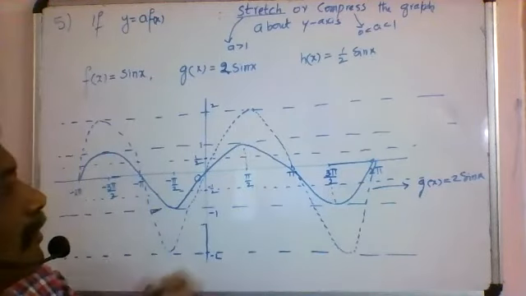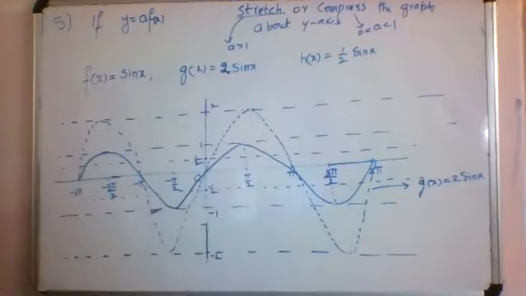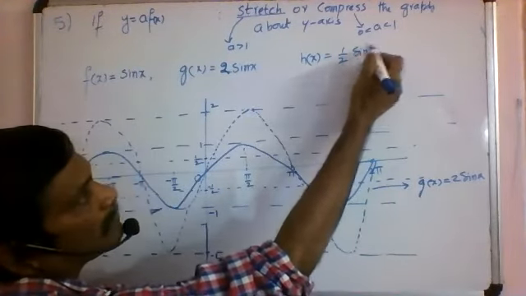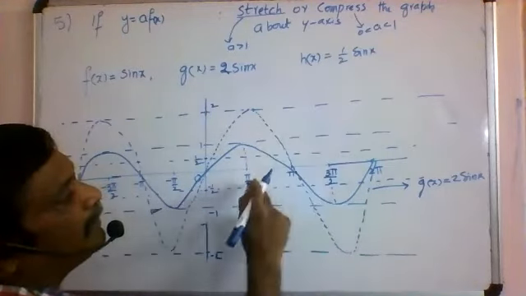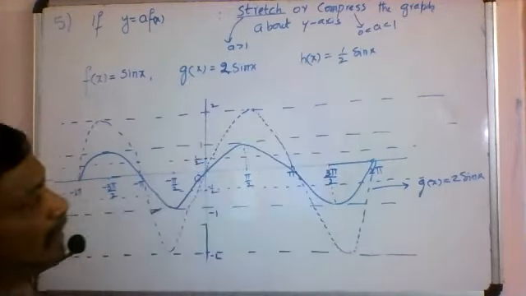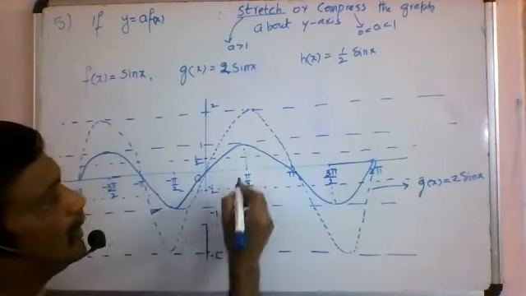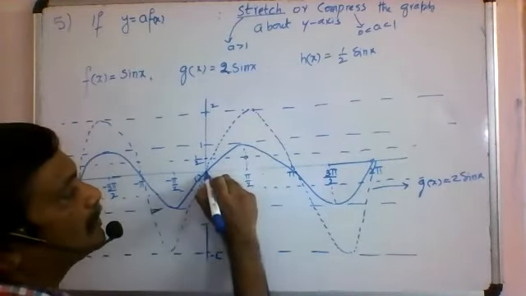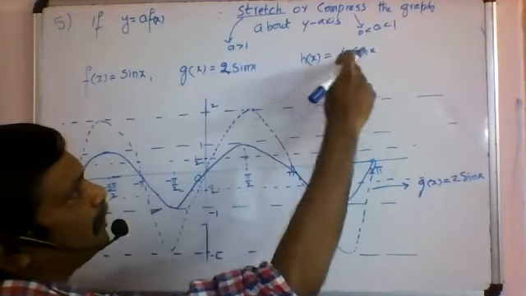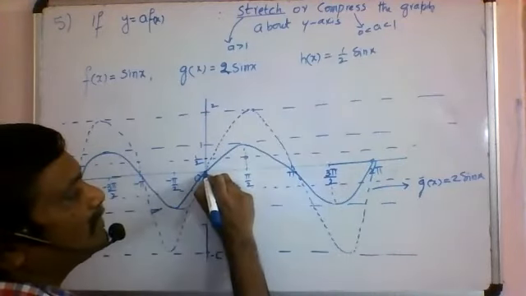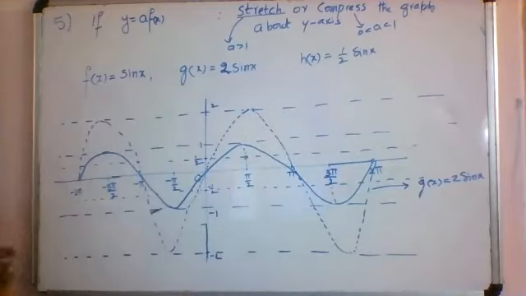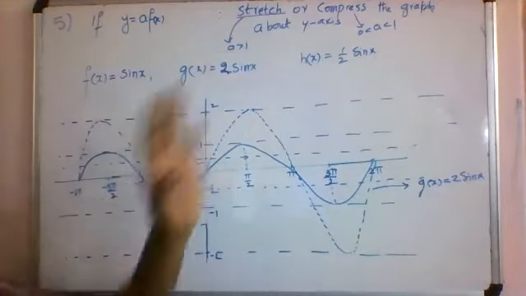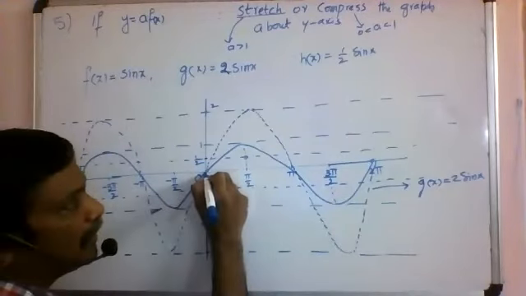Now at pi by 2, if I put pi by 2, this becomes 1 half. So at pi by 2, this h of x value is half. Is it not? So at pi by 2, the new diagram will be here. At 0, sine 0 is 0, and half of 0 is 0 only. So when the graph is reaching 0, in the new graph it remains 0 only.